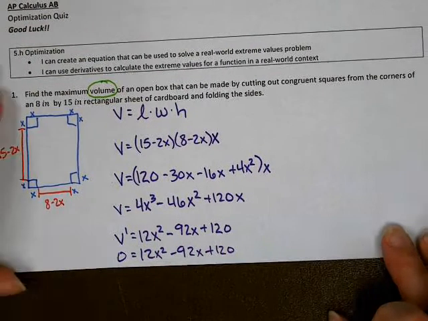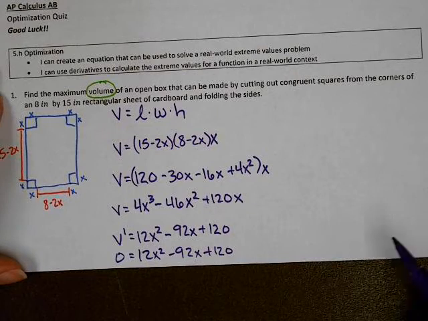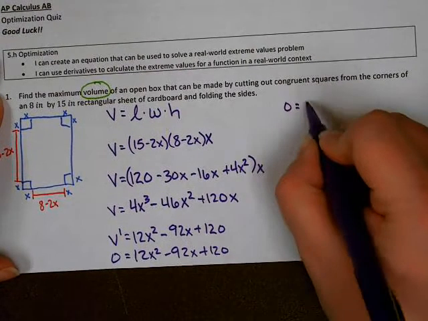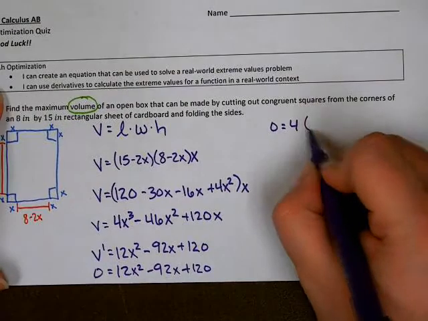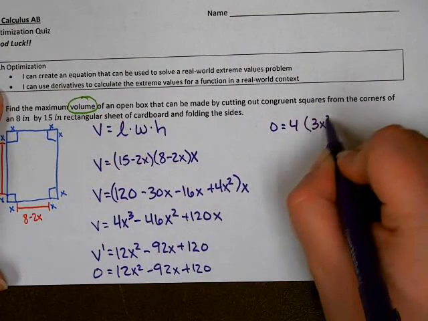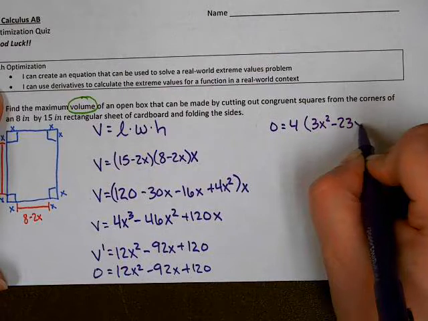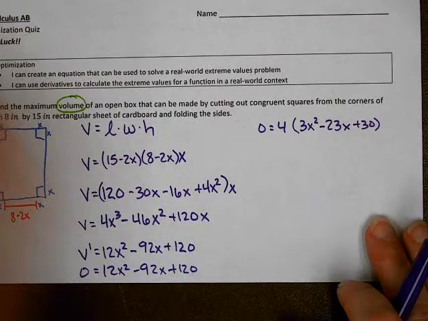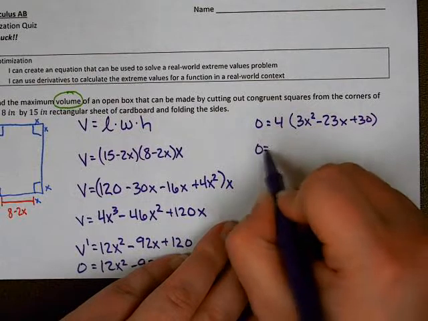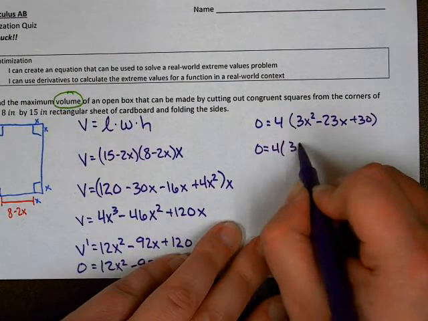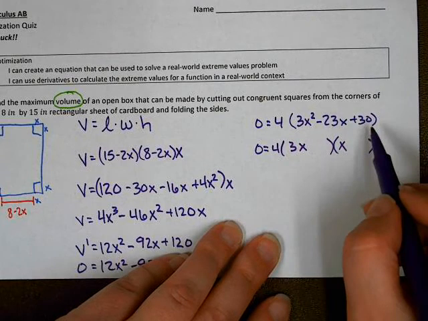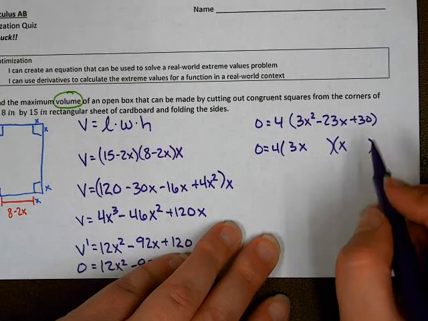All right, now let's see. We can divide all of those by 4. So I'm going to go ahead and do that. And I'm going to be left with 3x squared minus 23x plus 30. And we can technically factor that. So we'd have 3x and x, and let's see, 30 can be a 5 and a 6.